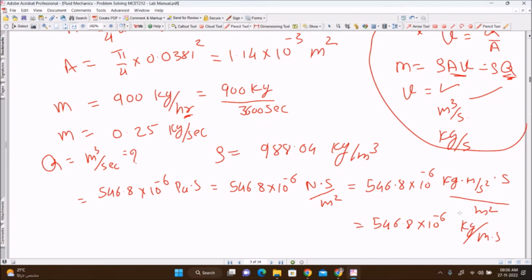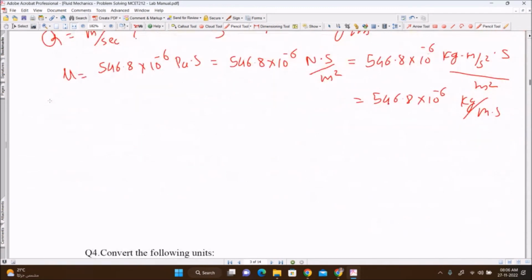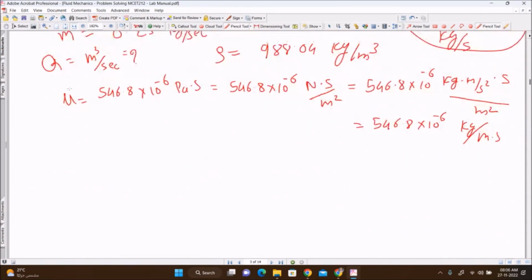Now this, Newton second per meter square, means it is a dynamic viscosity, mu. Sometimes mu is given or kinematic viscosity nu is given, so accordingly we need to use the formula.